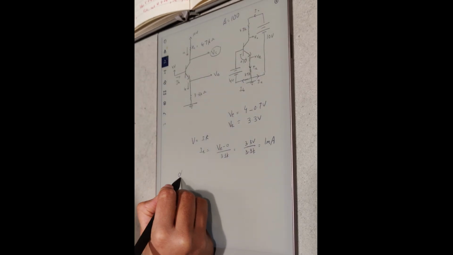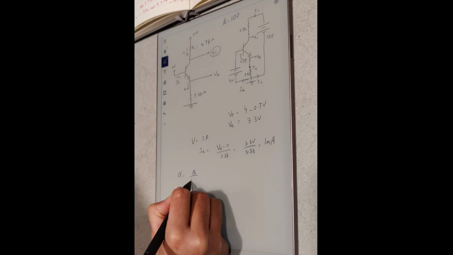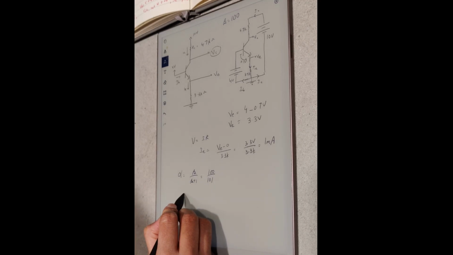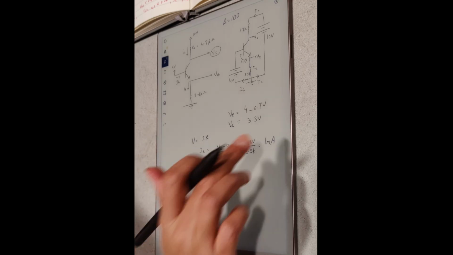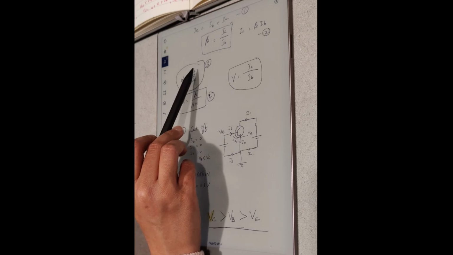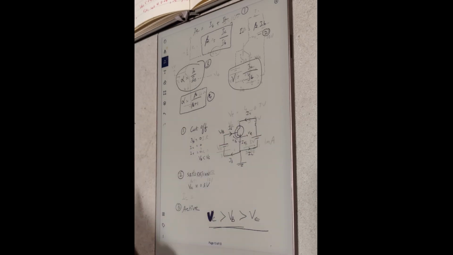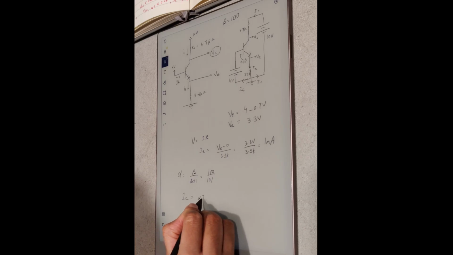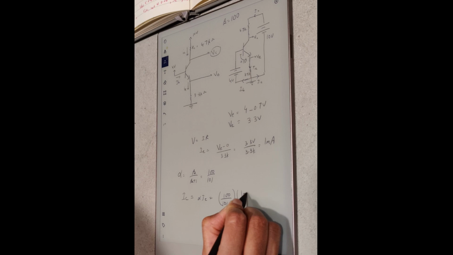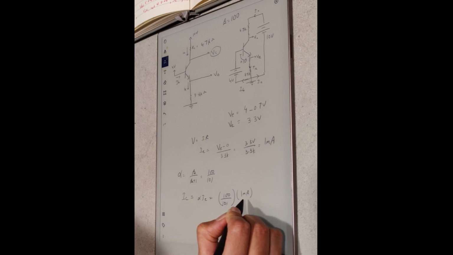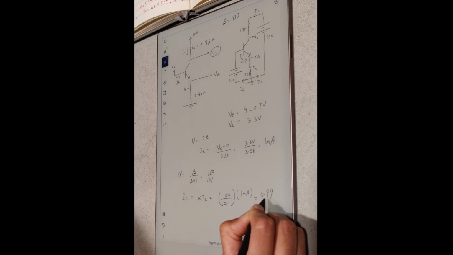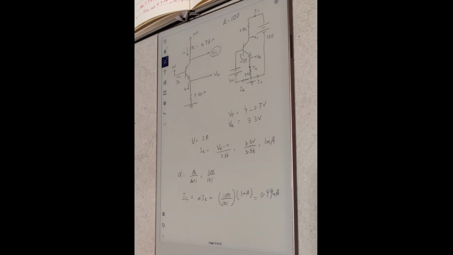So I can calculate alpha, which is beta over beta plus 1, so 100 over 101, and we know that IC is related to IE by this relation. So IC is equal to alpha times IE, which is that, times 1 milliamp. If we do the calculations, we get 0.99 milliamps.